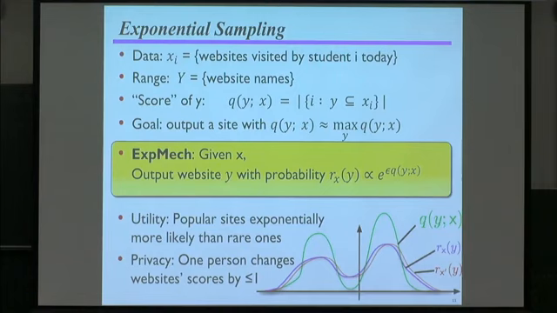That means websites that were visited more often are exponentially more likely than websites that were visited less often. Visually, I've got the true number of visits to each website if I arrange the websites on a line, and now I'm defining a probability distribution which is correlated to that true number, but is smoothed out. Okay.